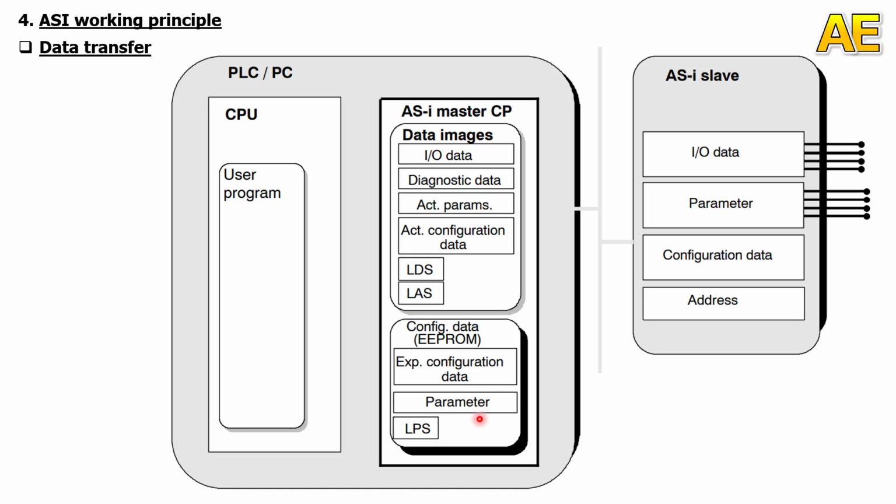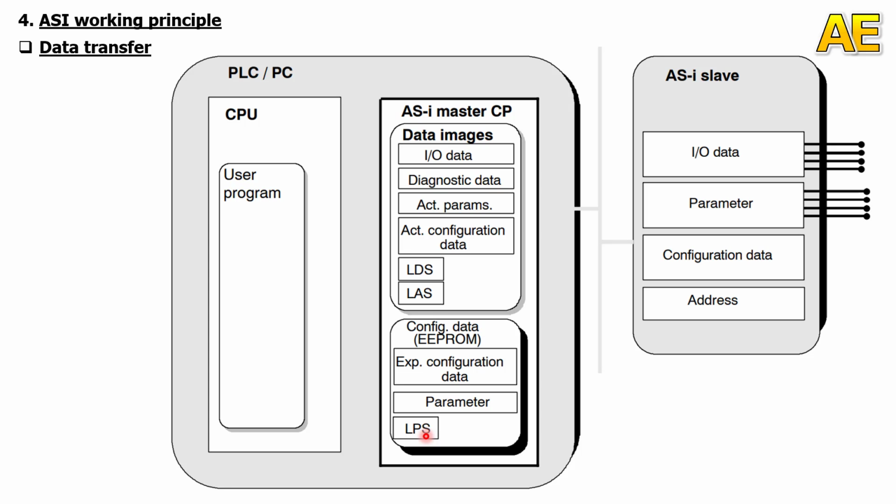Next one is about the LBS. LBS stands for list of permanent ASI slaves. This list specifies the ASI slaves expected on the ASI cable by the ASI master.